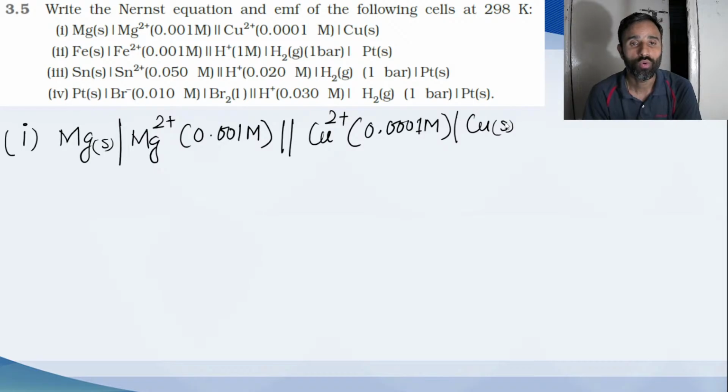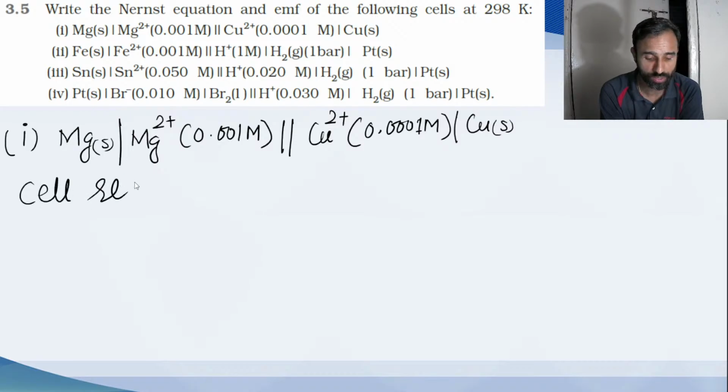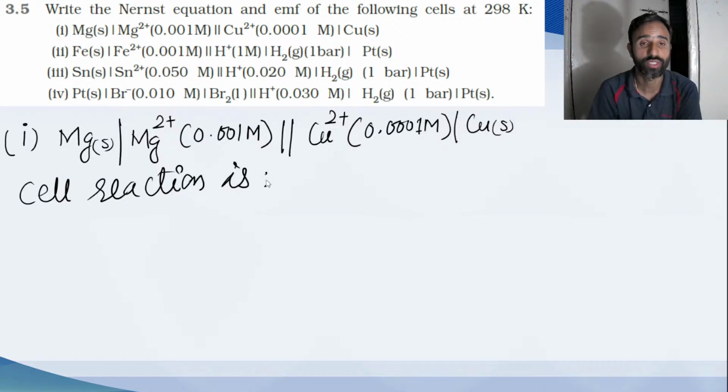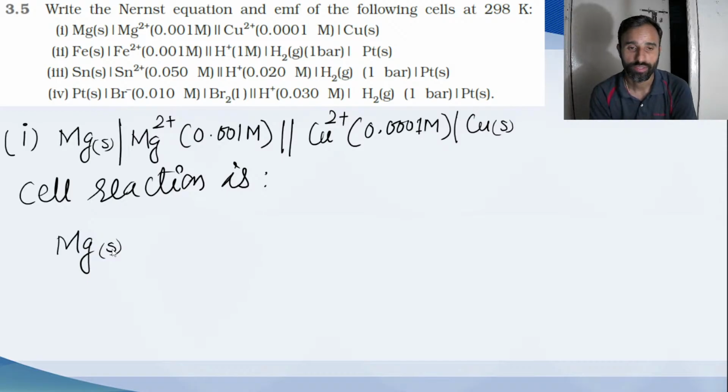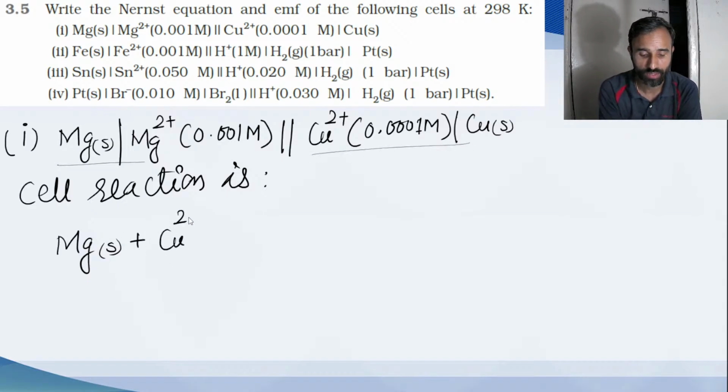Right? Now, first of all, to write the Nernst equation, we should first write the cell reaction. Whatever is on the left side of the vertical line should be written on the left side, and those on the right side should be written on the right side. In this case Mg solid is on the left side, and Cu2+ is on the right side.